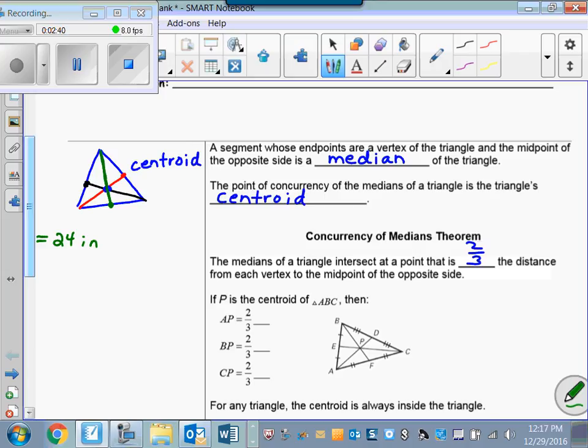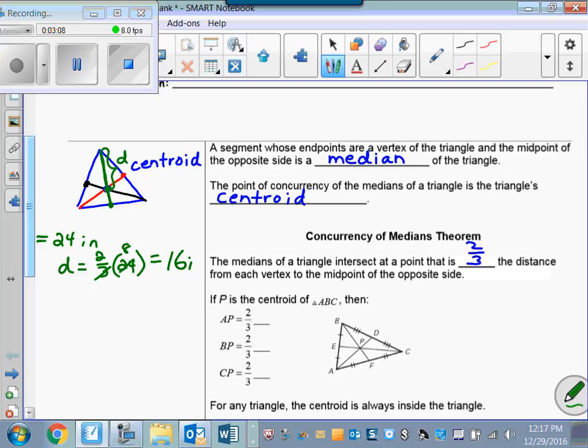So what this theorem tells me is that this part right here, from the vertex to the centroid, is 2/3 of the total length. Let's call that D. So I know that D is 2/3 of 24, which is going to be 16.